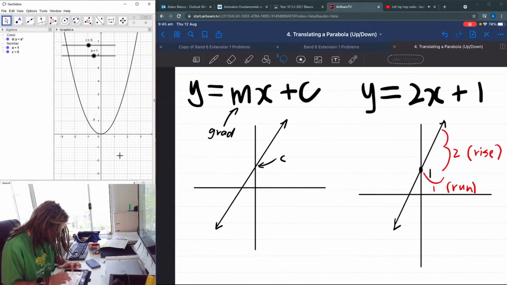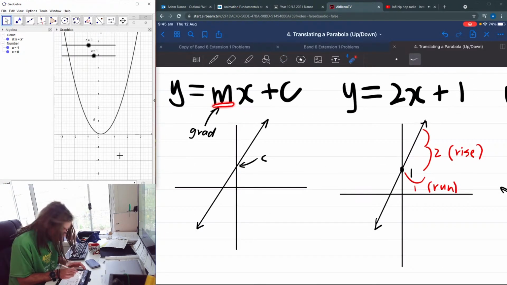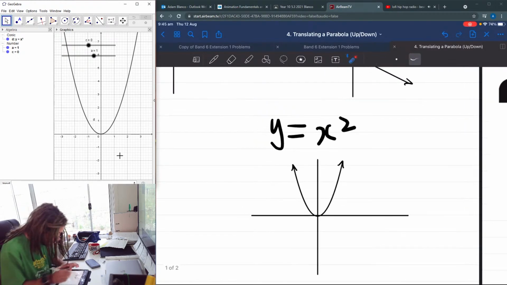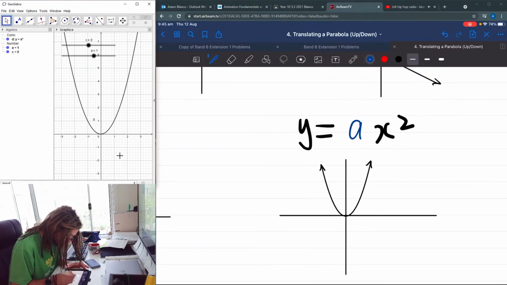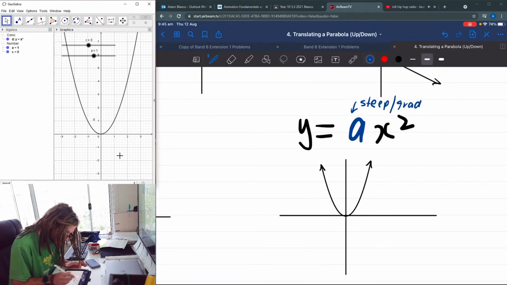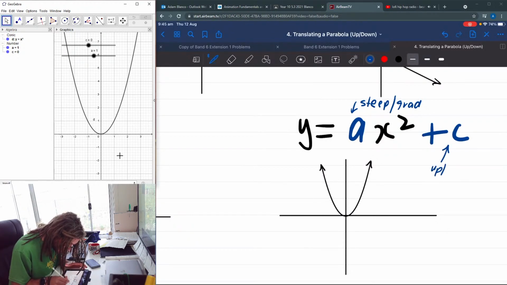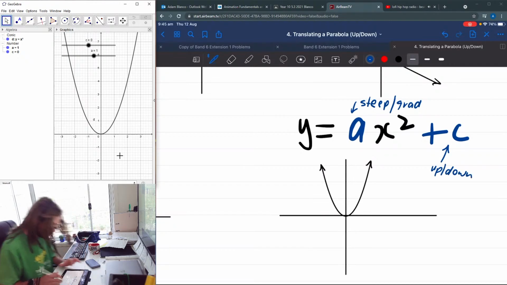So here we've got something that changes how steep it is and something that moves it up and down. I'm going to put something here that changes how steep it is, the steepness or gradient. And then I'm going to add something that makes it go up and down.